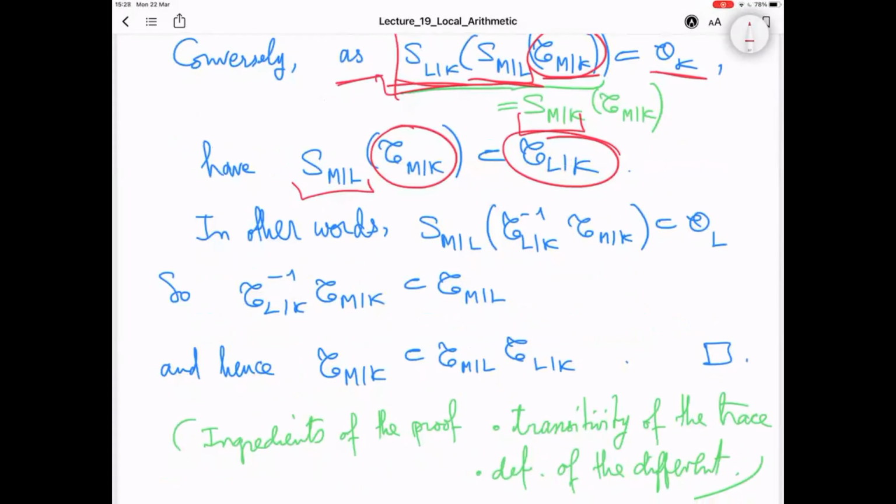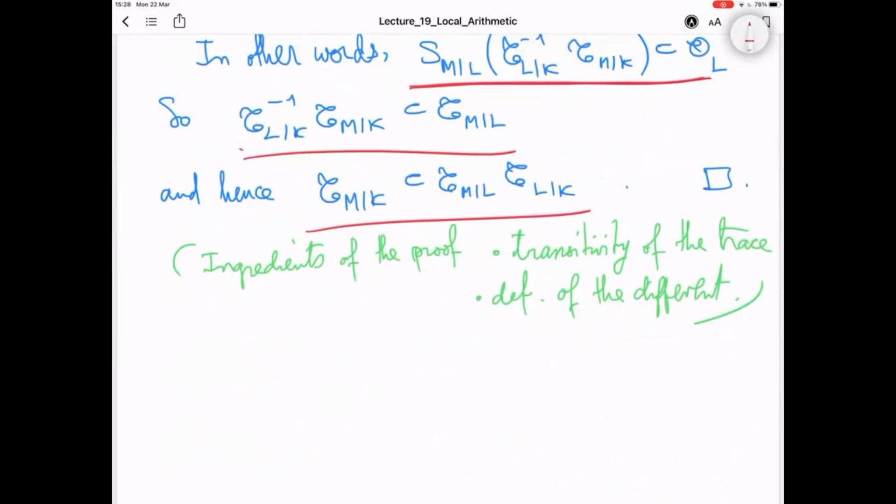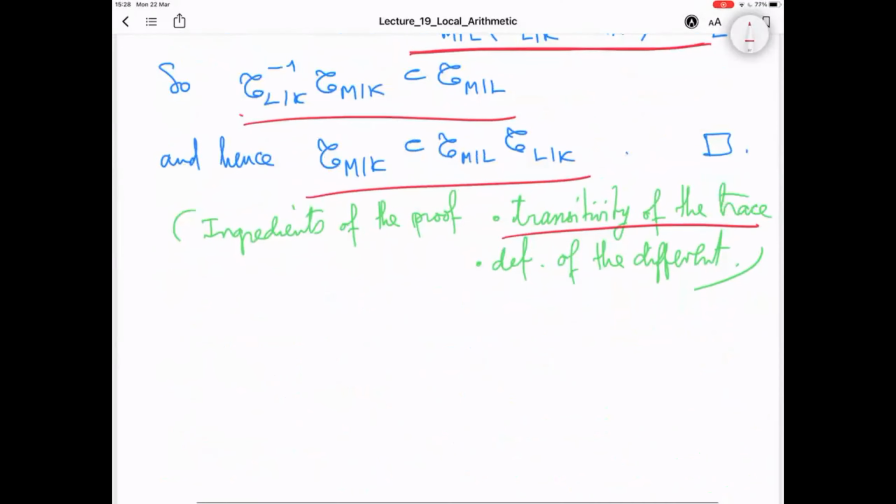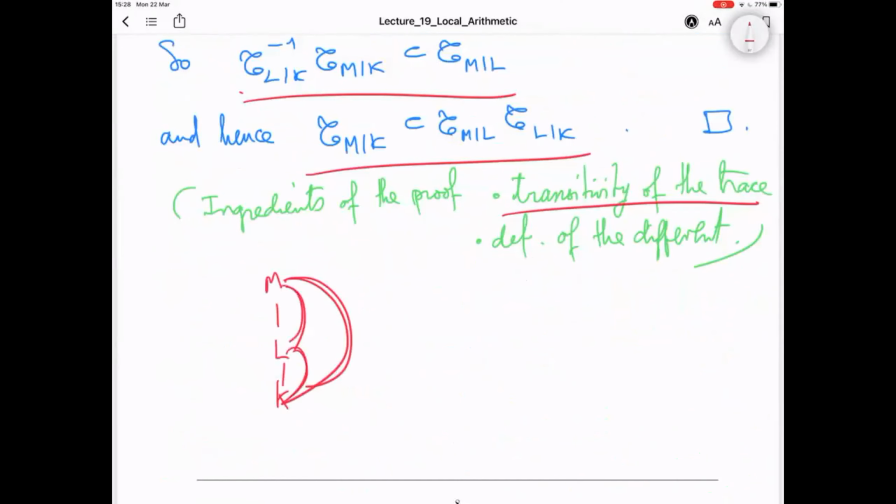So the basic ingredients of the proof are that the trace is transitive. If I have M, L, and K, then I have the trace here, the trace here, and the trace here. And the trace here is the composite of this and this. That is the transitivity of the trace, and then the definition of the different.